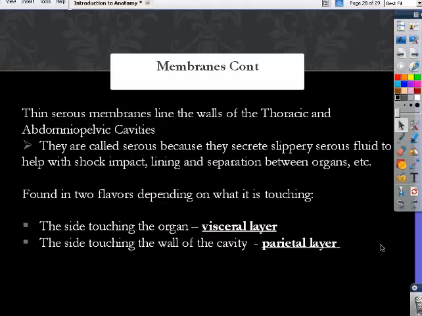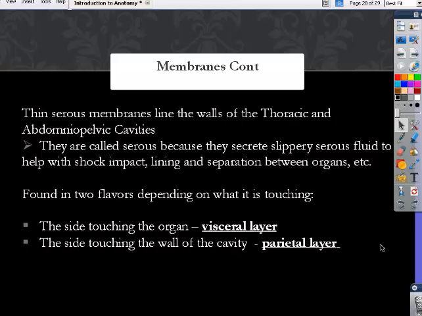So within the topic of membranes, we have what we call serous membranes. These serous membranes are called so because they actually contain serous fluid. This serous fluid is slippery, kind of slimy. It more or less looks kind of like phlegm, I guess you could say.